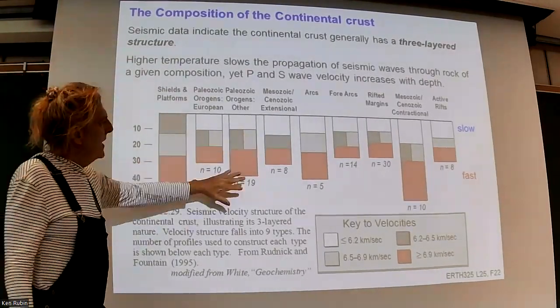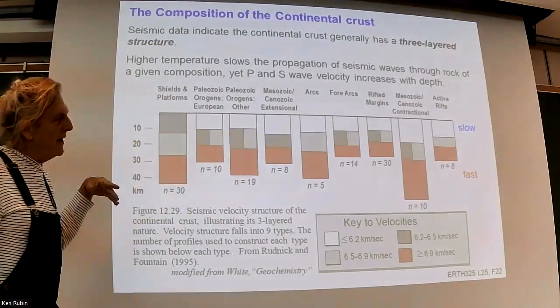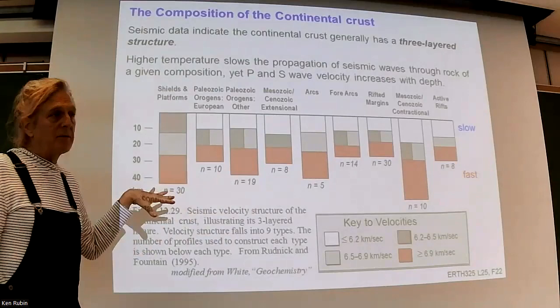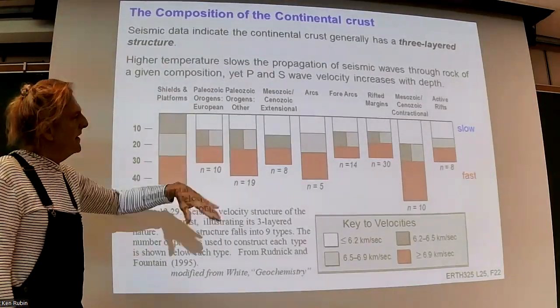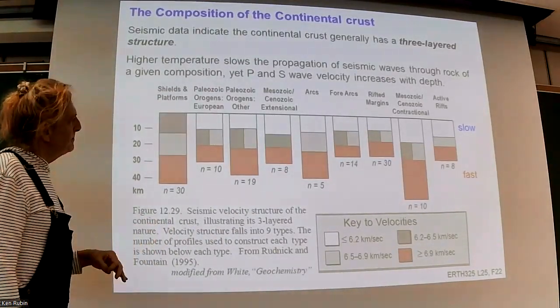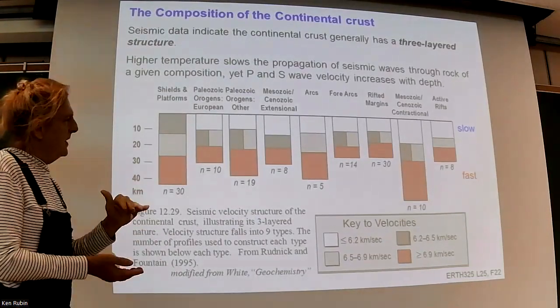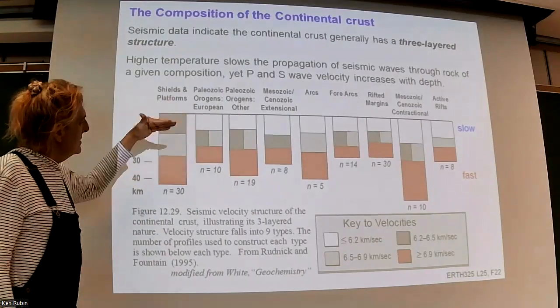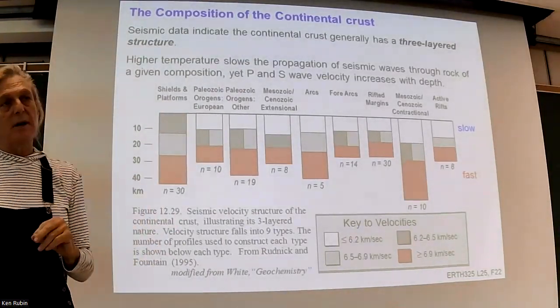We've always got an orange band below a gray band, below a white band, and the thickness of these bands varies a little bit from place to place. The proportions vary, but there's a structure there that implies that the upper crust, the middle crust, and the lower crust might have different compositions, right?